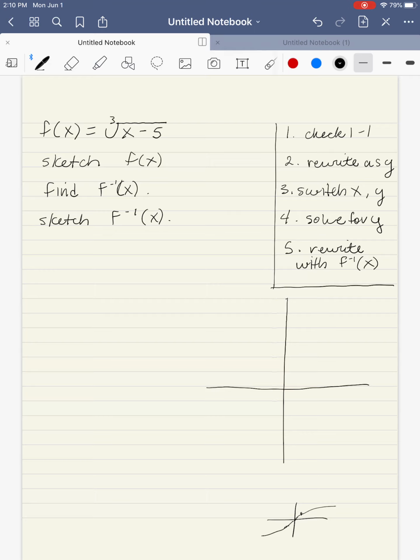And if you are still struggling with those graphs, you can look back at the earlier video, graphs of basic functions. Then we know that the minus 5 inside of the function means that I am moving to the right 5 units. So this point right here, 0, 0, moves to the right, and then I can reproduce my graph. So that's what f looks like.